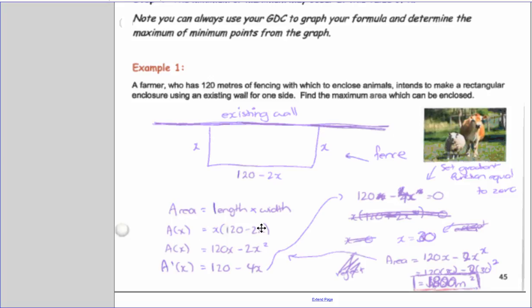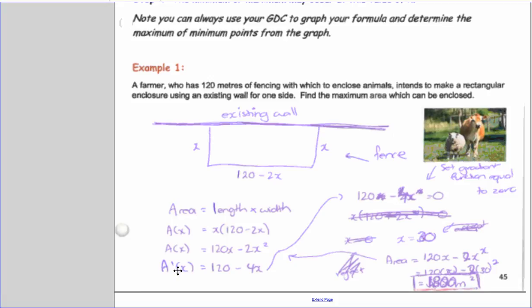What I'd strongly suggest you do now is expand that out, because you can't do the calculus on it until you've expanded it. So expand it, that times that makes 120x, that times that makes minus 2x squared. This is still just a function that represents the area. So to find the maximum area, what you want to do is do the calculus, A dash of x.